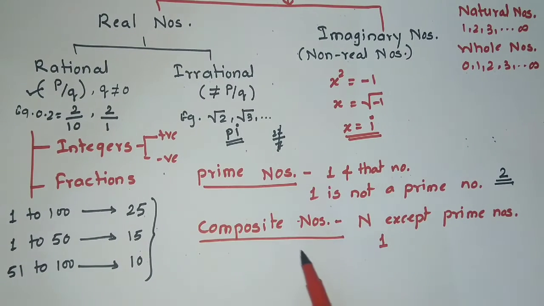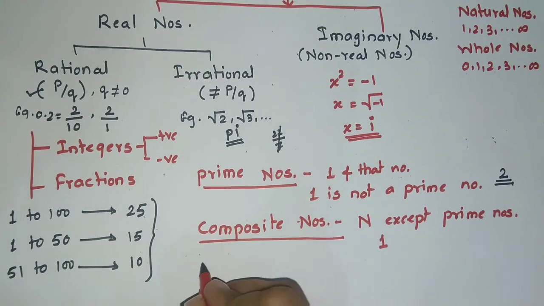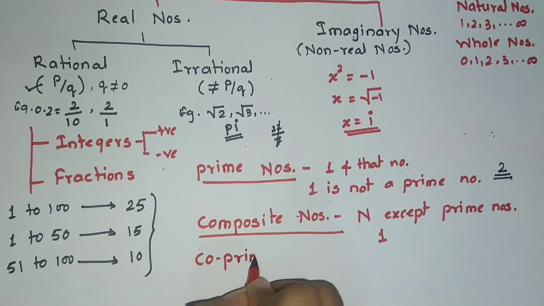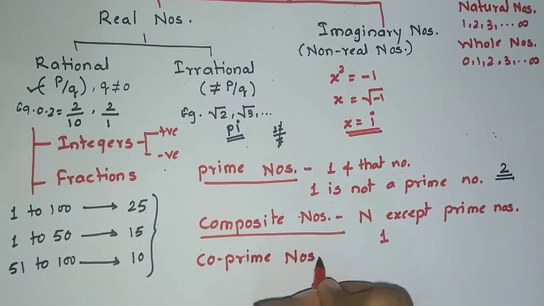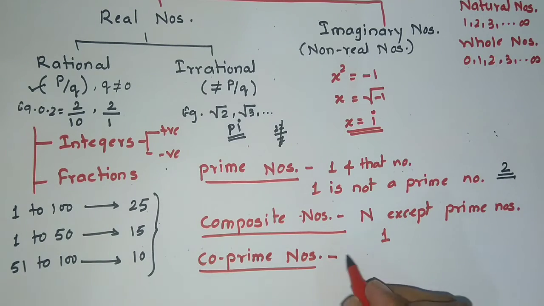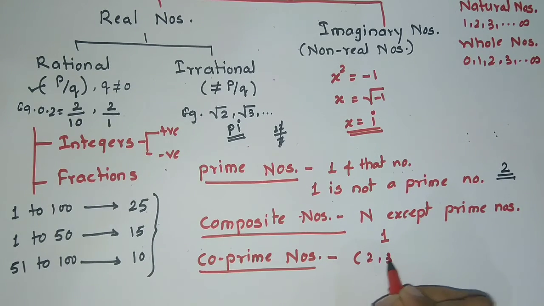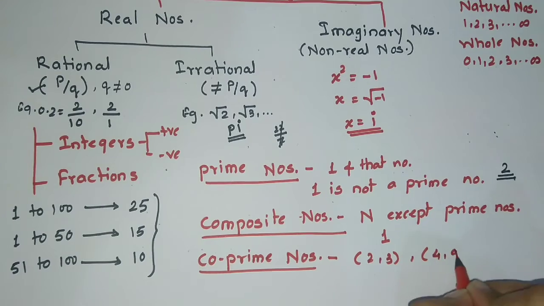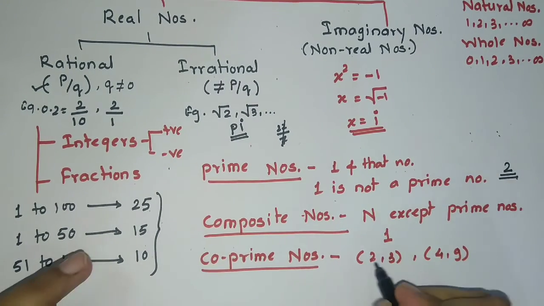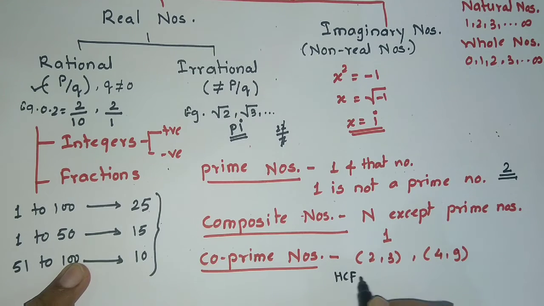And besides prime numbers and composite numbers, there are co-prime numbers. For co-prime numbers, we need two numbers. Let's see the example 2, 3 or 4, 9. In co-prime numbers, the HCF of the two numbers is 1.